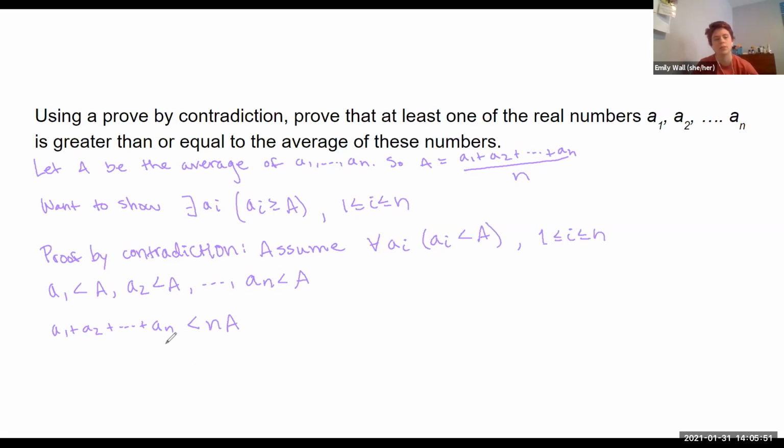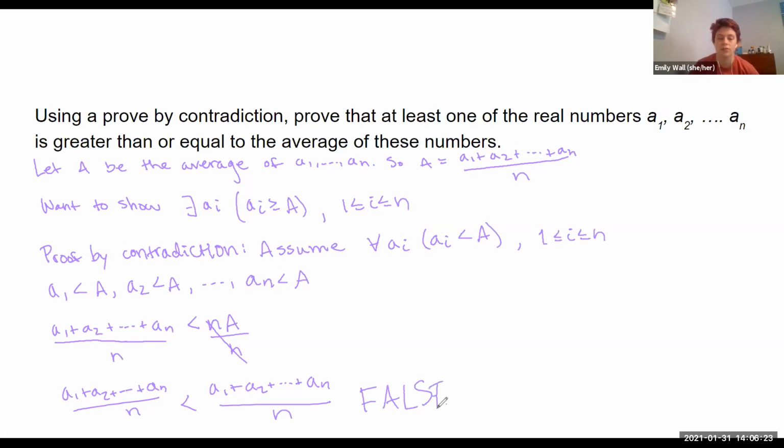Well, this is cool now. What if I divide both sides by n? Now this statement is less than A. And then if I plug in what A is equal to, which I remembered because I wrote it for myself up above, whoa, this is not going to work. This is a big false.